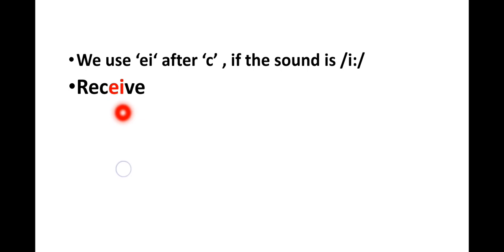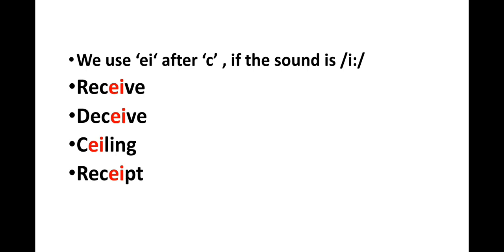So when the sound is E, we use EI. Alright? And EI is followed by C. So when C is there, we'll use EI if the pronunciation is E. Okay? In the same way, deceive, ceiling, deceit. So EI is followed by C. And the sound is E.